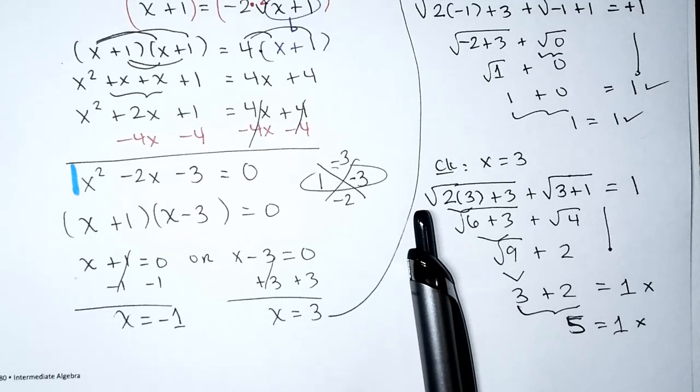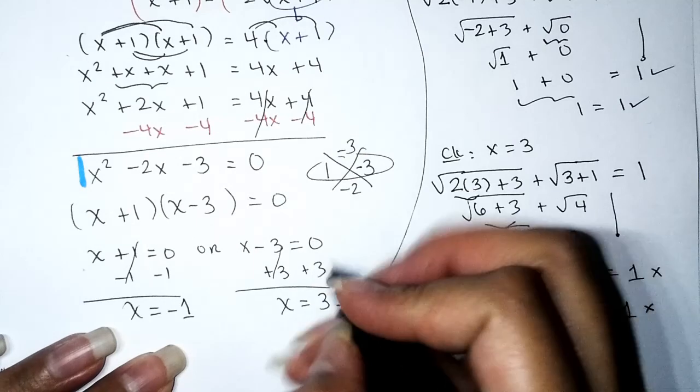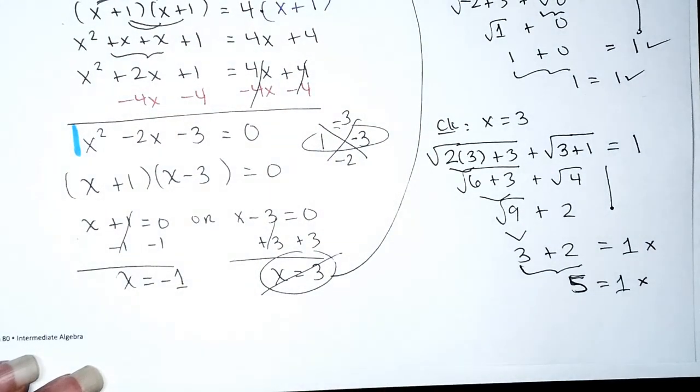So in this case, we have to trust ourselves and be like, if it doesn't check out, it's just an extraneous solution. So -1 checked out, but 3 didn't. So let me cross it out for my protection. I said it before, if I don't cross it out, I'm gonna get nervous and box it by mistake.